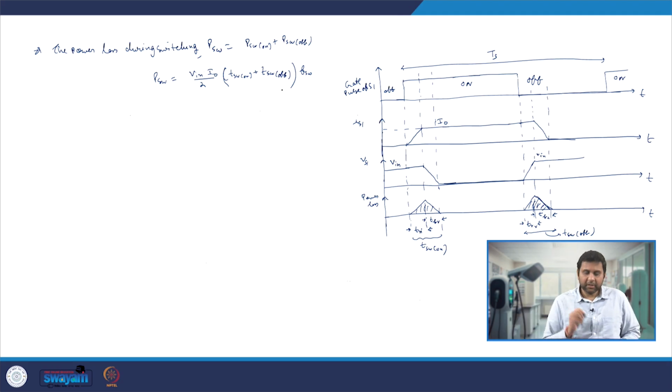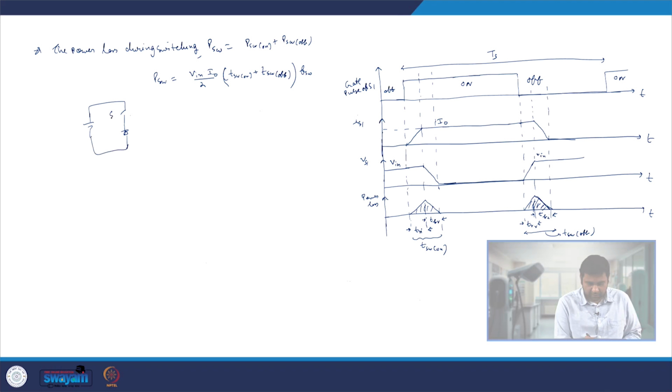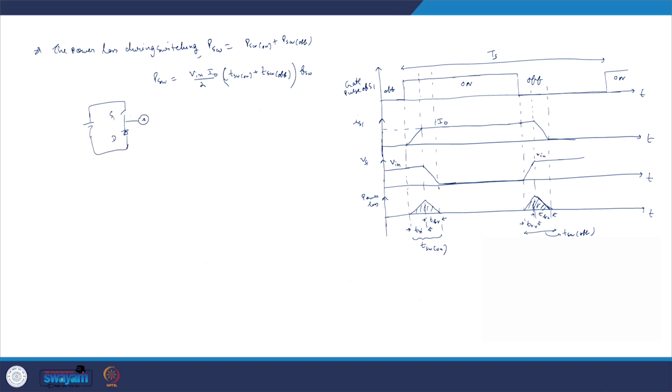Now this particular term, if you look very carefully, is the switching loss across the devices, because we have considered our converter to have this S1 switch and the diode, and we have an output current from this kind of a half bridge, where we assume that the bottom switch is not in the picture.